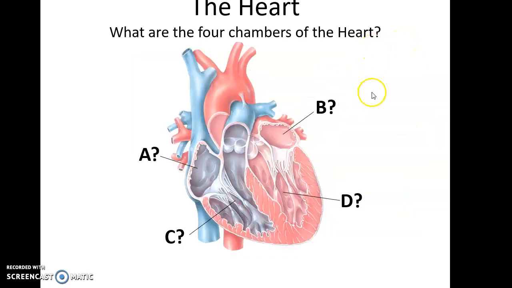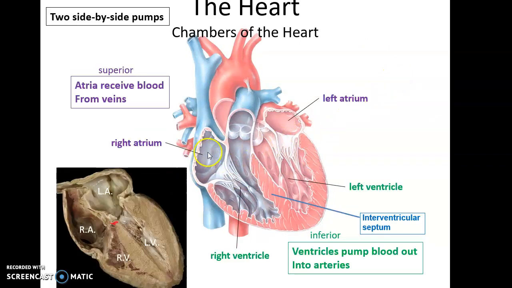So there are 4 chambers to the heart. Hopefully you already know them. They are the right atrium, the right ventricle, the left atrium, and the left ventricle. Again, this is the patient's right and left.